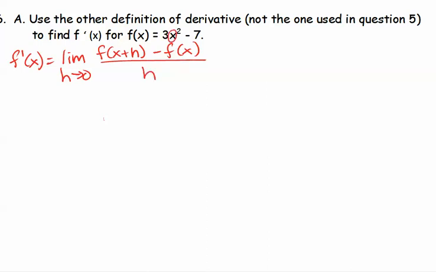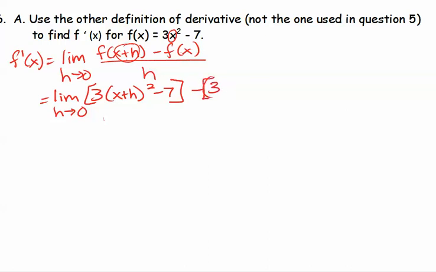First I want to take out the x variable and put in x plus h. So in our function 3 times x squared minus 7, I'm putting in x plus h into the function. And then we're doing f of x. F of x is, of course, exactly the way the function was given.